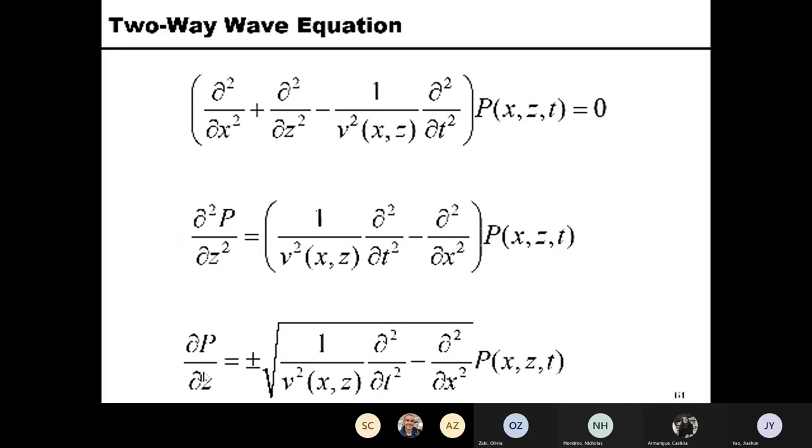Physically, positive means your variation along positive z, and negative means your variation along negative z, right? So that means down-going and up-going waves. Because you do downward continuation from the surface downwards, positive z here is the wave field you want, right?